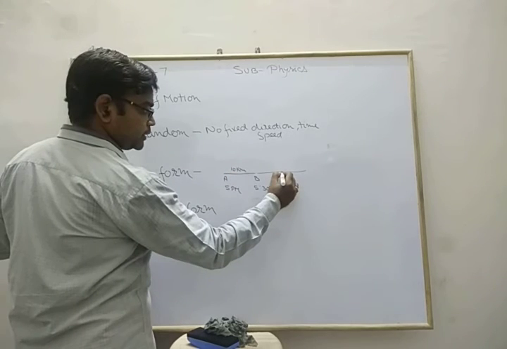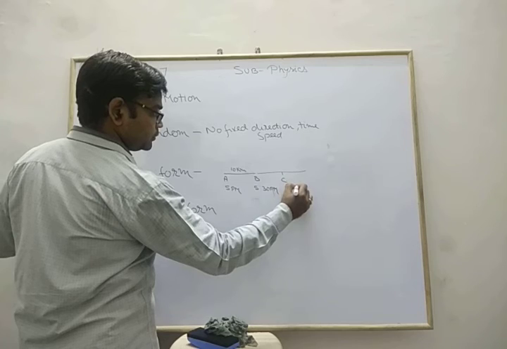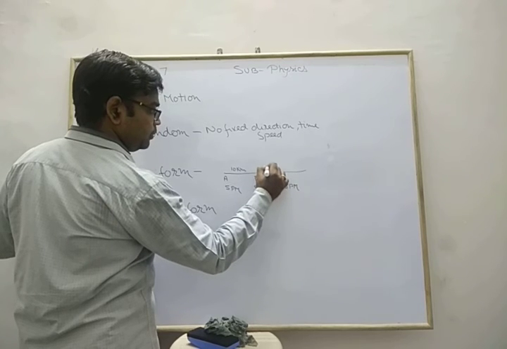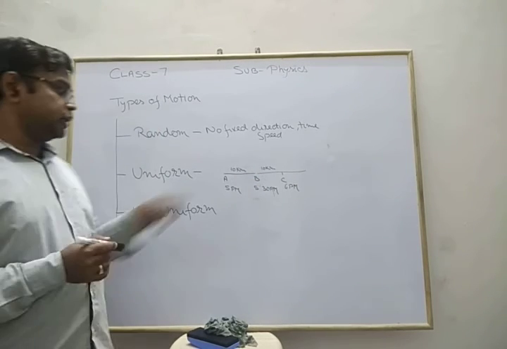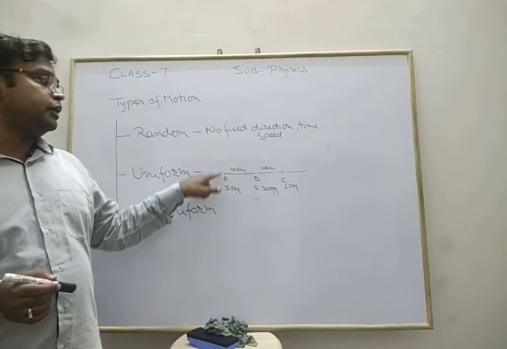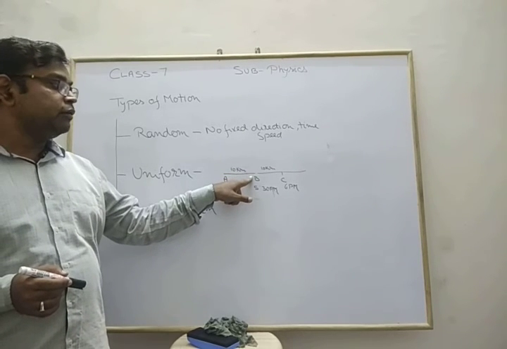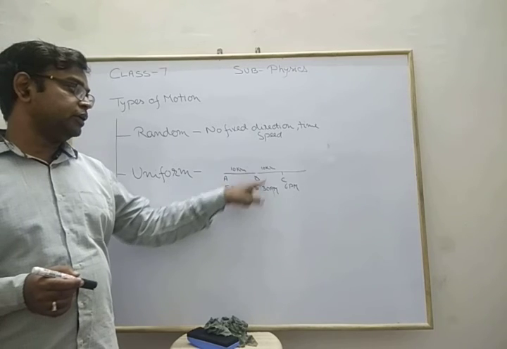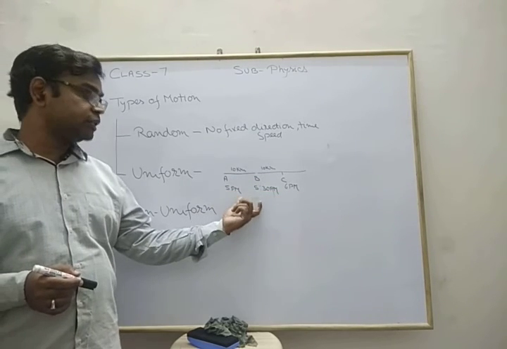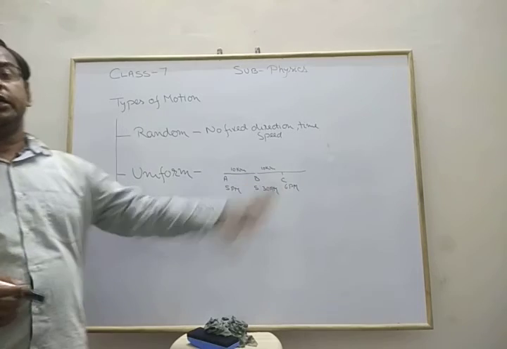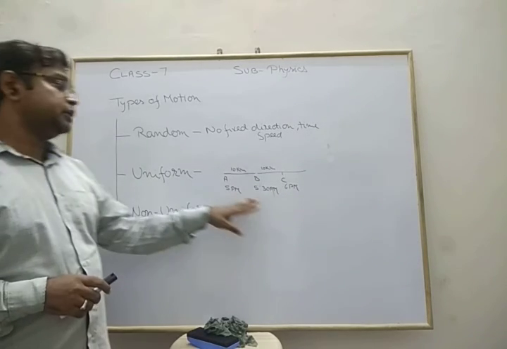Then again it reaches point C at 6 p.m., again a 10 kilometer distance. So your car starts from point A, travels 10 kilometers in 30 minutes and reaches B. Again from B it starts at 5:30 and reaches C at 6 p.m. This means it covers equal distance at equal intervals of time. This type of motion is known as uniform motion. We never mention direction here.